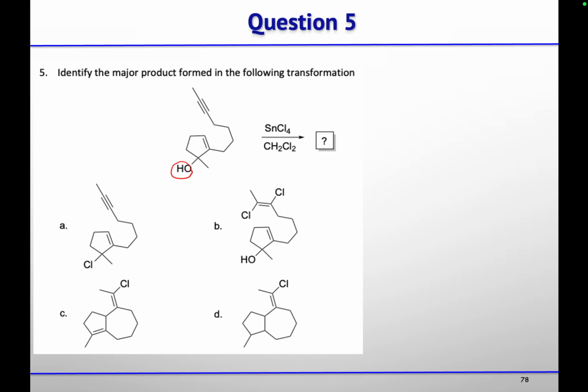Alcohol on reaction with Lewis acid will convert to a good leaving group. Then this will leave, so this double bond will migrate to this position. So positive charge will come at that position, and then this alkyne will react with that to neutralize the positive charge, and this will come here. Then the chloride is the counter anion in this case, so that will react at that position to give you the product. So direct substitution is not possible at that position, so this can't be the product.